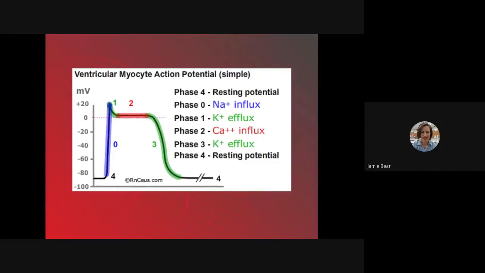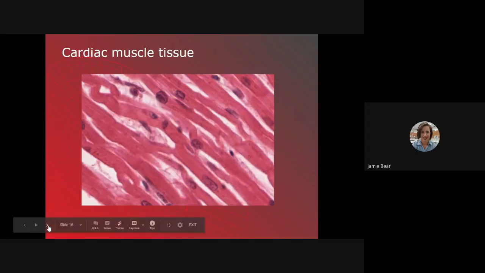So it is important, even though we're respiratory therapists and we mainly deal with oxygenation and ventilation, we have to have a properly functioning heart to carry our gases. So it is important to make sure that these electrolyte concentrations are where they're supposed to be.